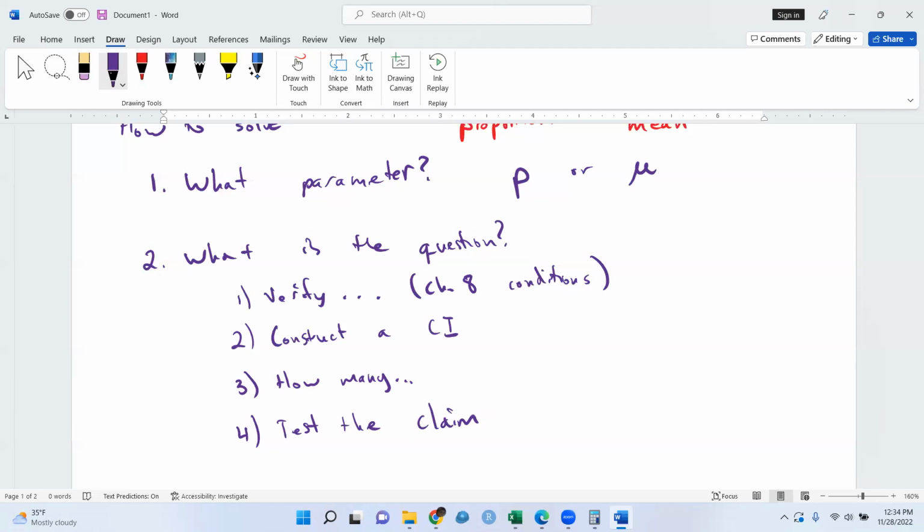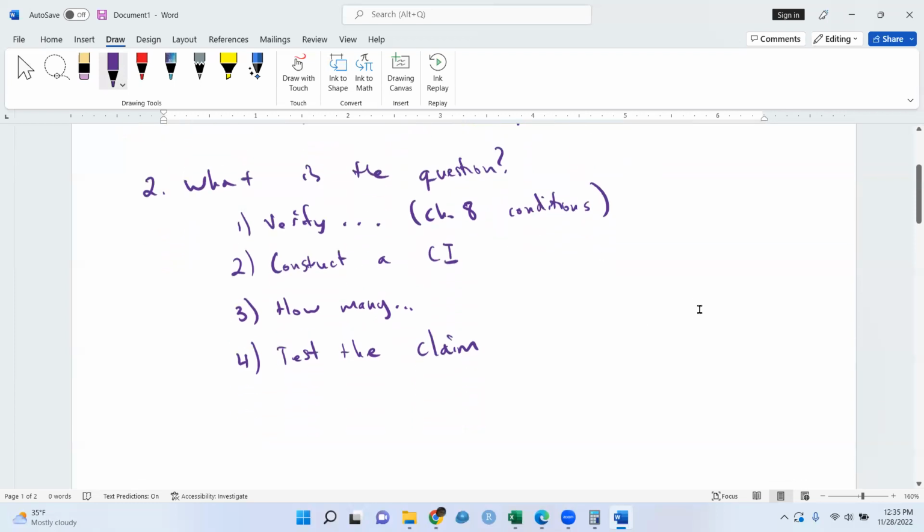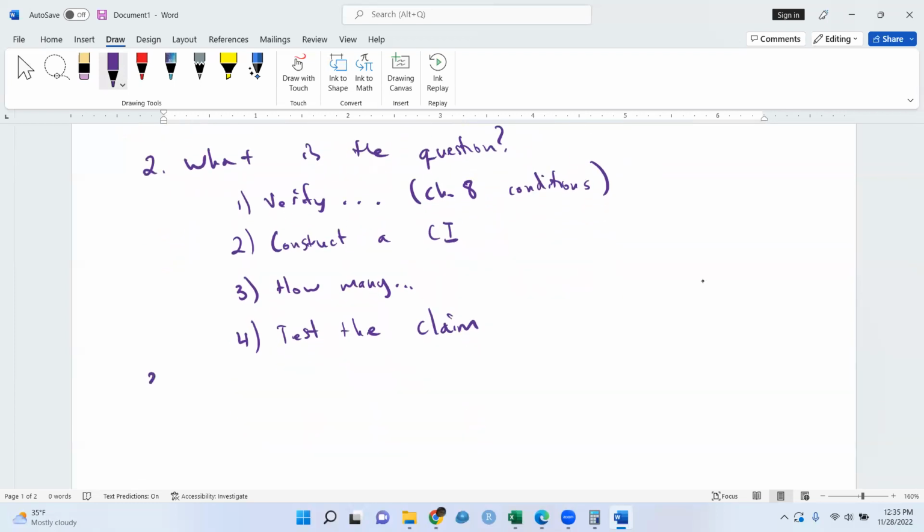Okay, so I think if you can nail down these two things, the rest kind of falls into place. But the other thing you need to do then is, what do you find, what do you know? So when we're identifying the given, it's going to be the statistics, right?